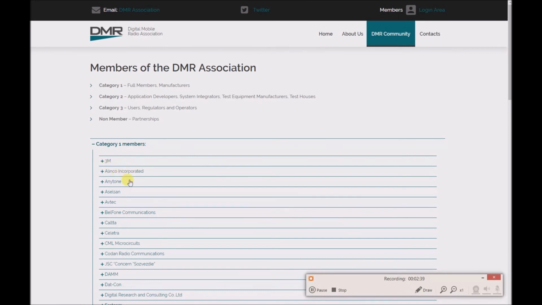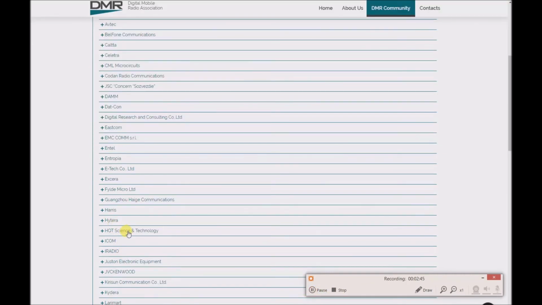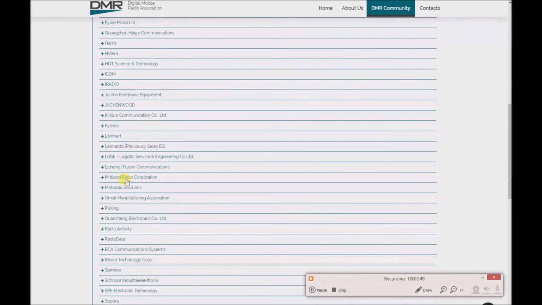3M is a member, Linco, Celsan, Hytera shows up, HQT, ICOM. Just trying to think of the ones that are recognizable to me. Midland Radio Corporation, Motorola, OMSC Manufacturing Association.